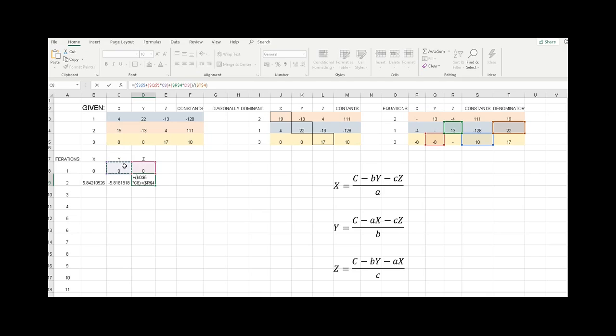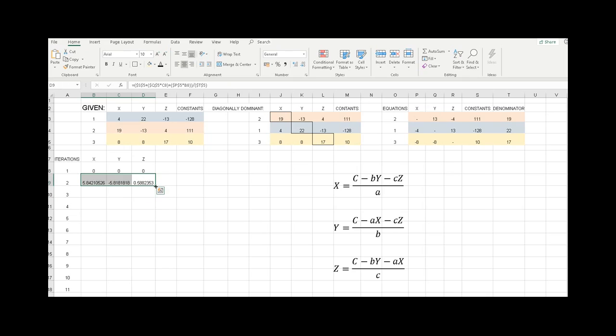So Y value, select the cell, CE8, plus AX, which is A right here, P5. Change that to P5 multiplied by the X value, which is D8, or rather B8. So now the denominator is T5. So that should be the end.